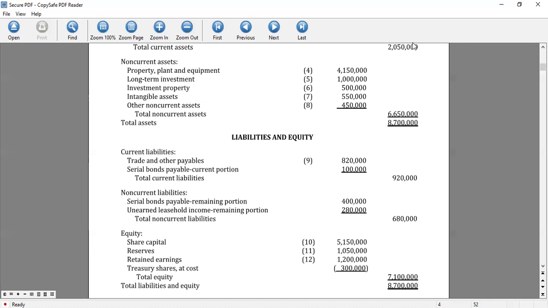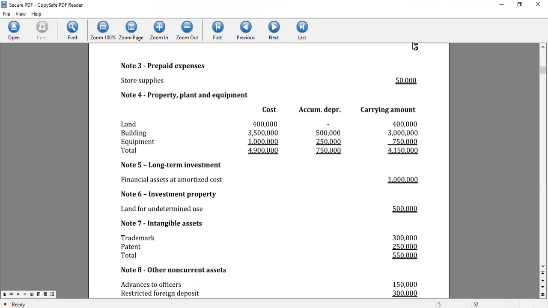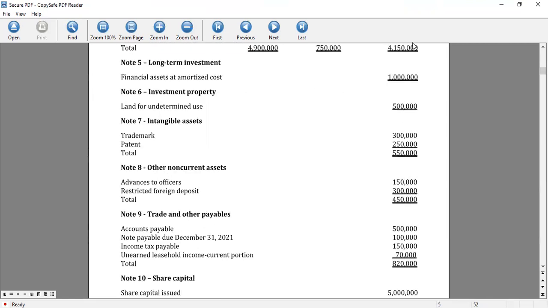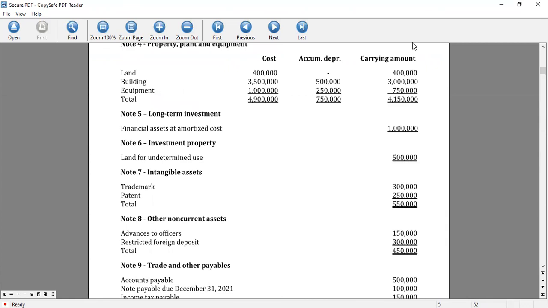While the first 70,000 is recognized as part of your currently due portion. We have note number 9. Okay? So we have included the 1 year currently maturing portion of 70,000.